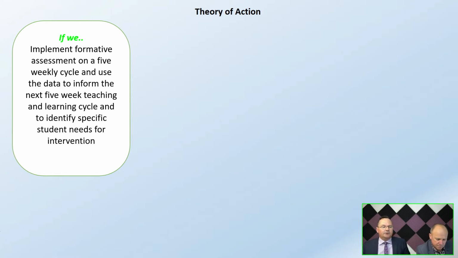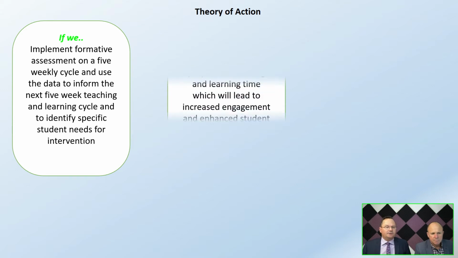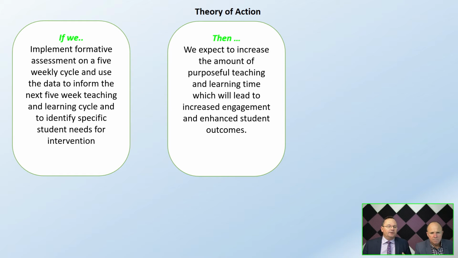So for this one, we've got, if we implement formative assessment on a 5-weekly cycle and use the data to inform the next 5 weeks teaching and learning cycle, and also to identify specific student needs for intervention, then we expect to see an increase in the amount of purposeful teaching and learning time, which will lead to increased engagement and enhanced student outcomes.